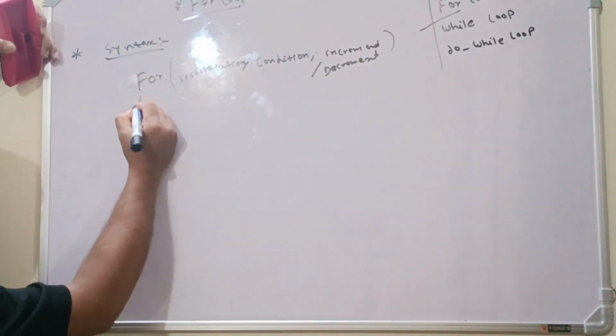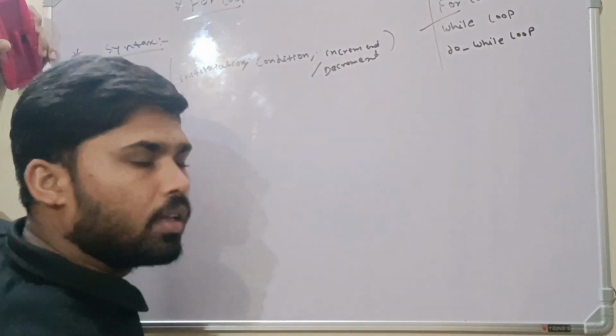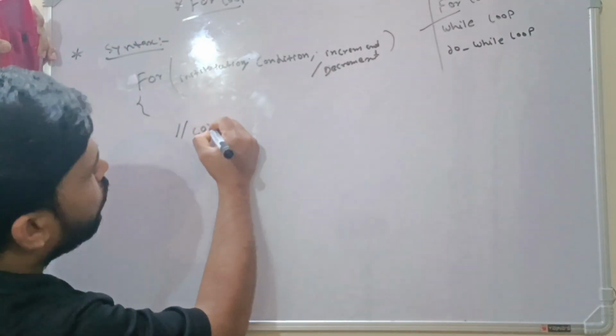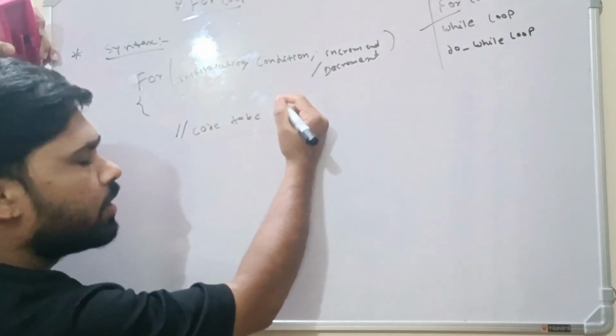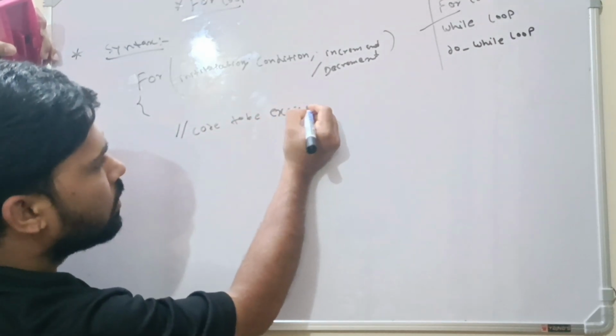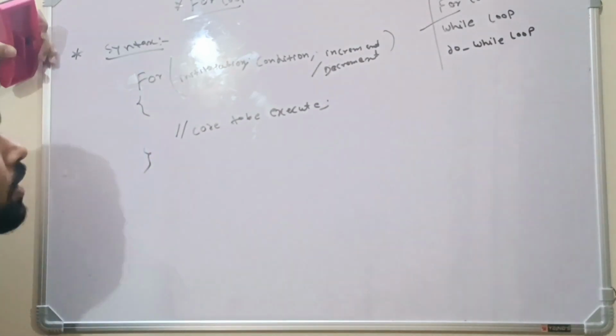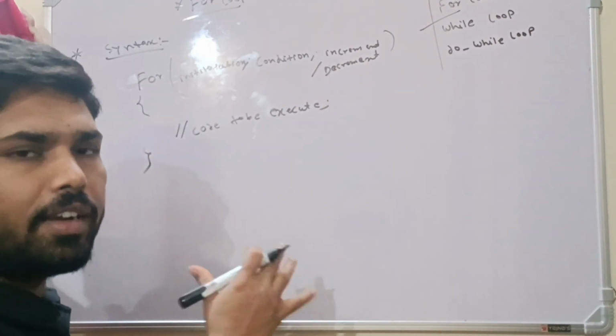Then open the curly bracket. Here we have to write the code to be executed. Then close the bracket. So this is the general syntax of for loop.